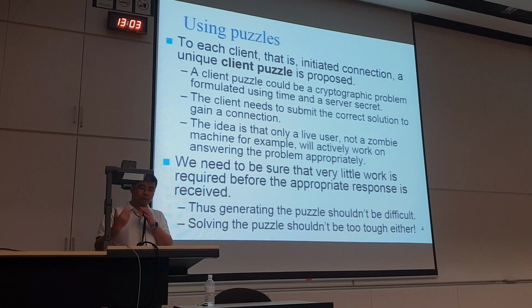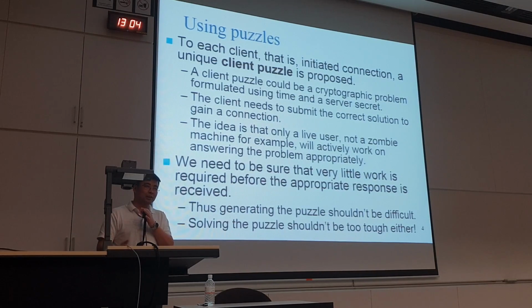So you implement a client puzzle to prevent denial of service attack. But if the generation of the client puzzle requires a lot of resources, then of course this is a useless tool, because the client puzzle itself becomes a point for denial of service attack.